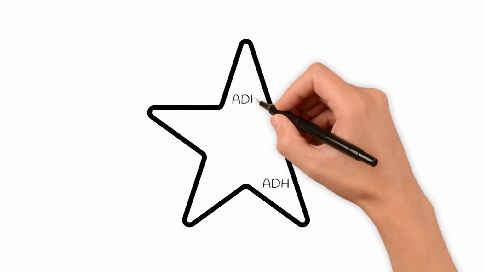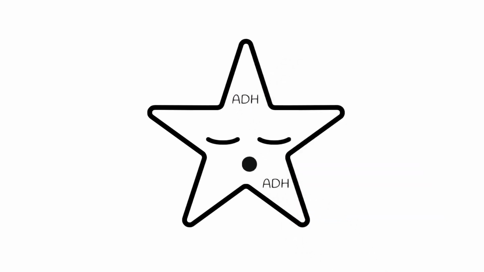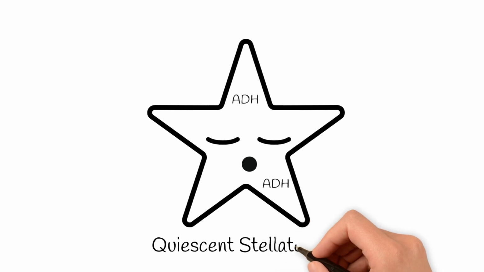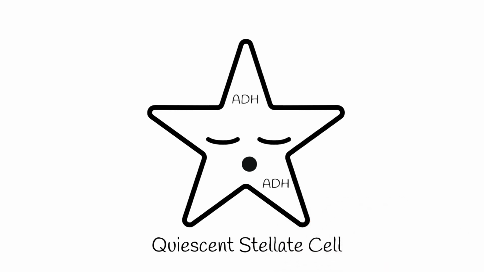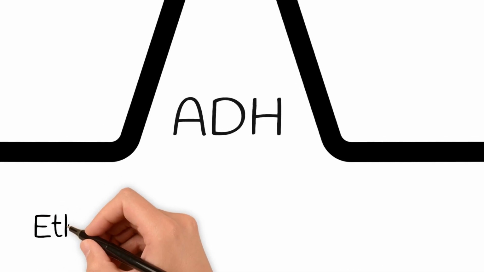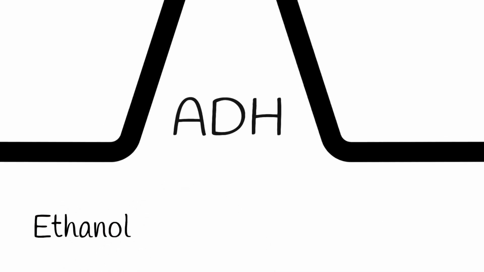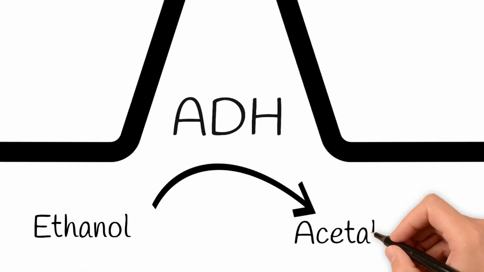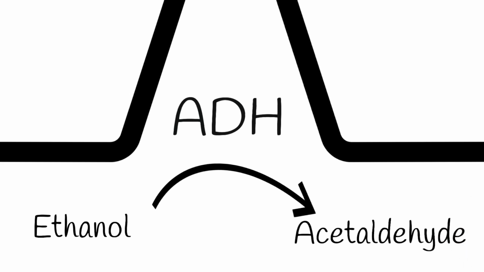Within the pancreas, high concentrations of alcohol dehydrogenase enzymes are stored within stellate cells. Under normal circumstances, these star-shaped cells mostly store vitamin A. However, exposure to reactive oxygen species, or the acetaldehyde produced by their very own ADH enzymes, causes stellate cells to become activated.